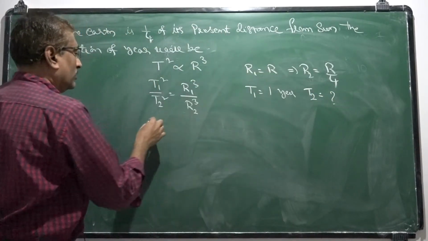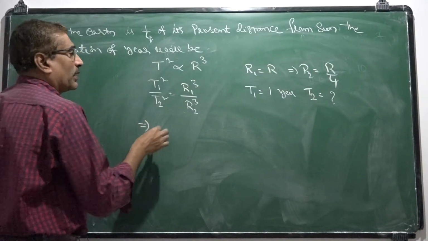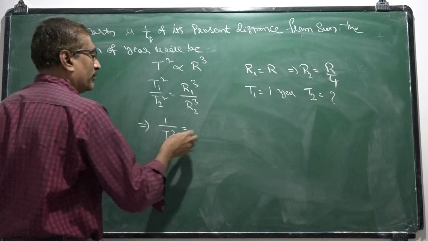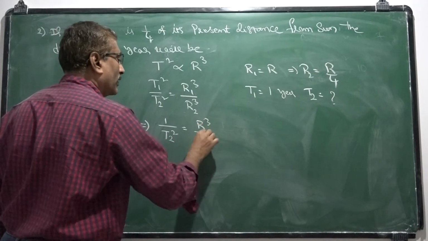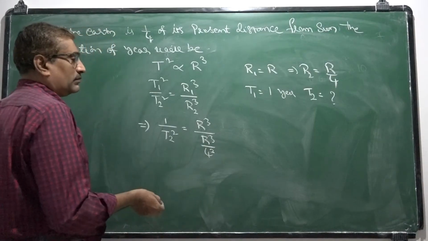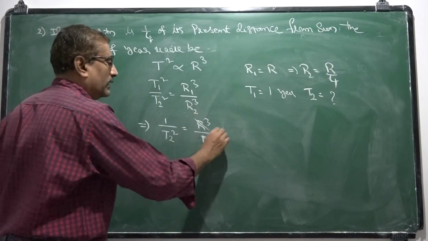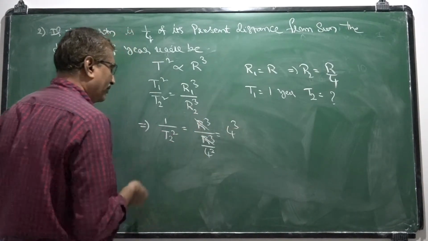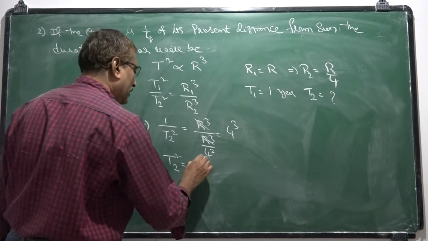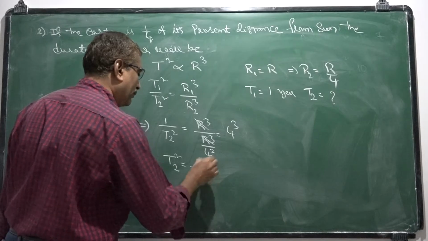Now substituting those, this implies 1 divided by T2 square is equal to R cube by R by 4 whole cube. R gets cancelled, that equals 4 cube. Therefore T2 square is equal to 1 by 4 cube.